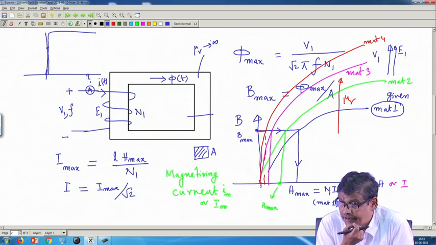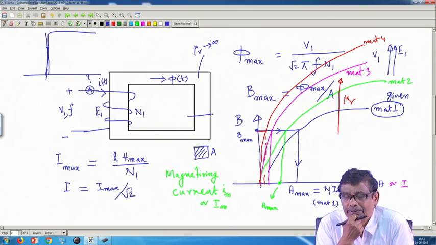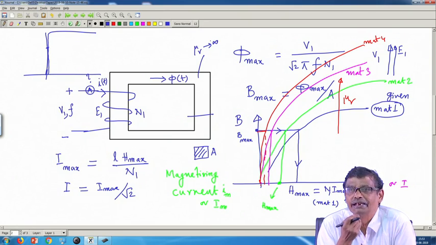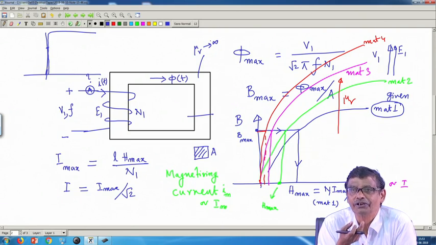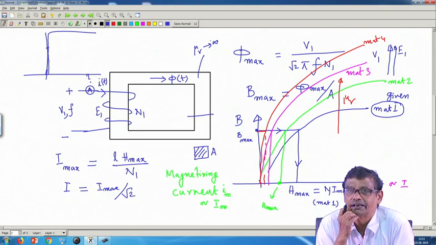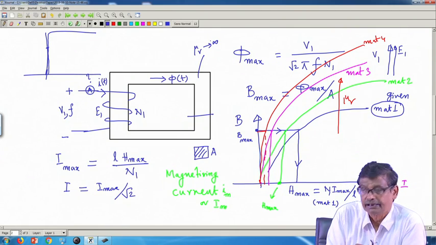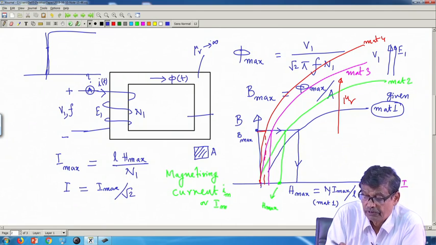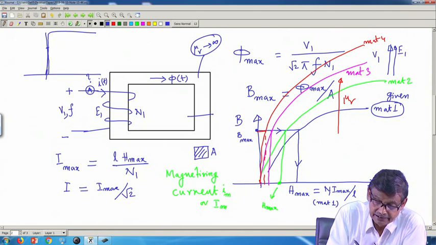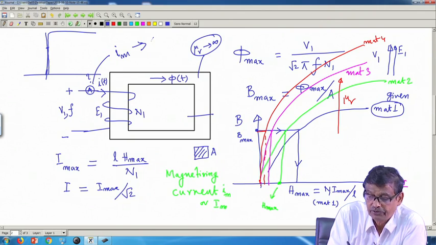Okay, some finite current is necessary, but that current you can make as small as possible, provided you do not have any restriction on using better and better magnetic material. Important thing is flux is finite like this, mu r tending to infinity means that this ammeter reading I m, magnetizing current, will tend to 0.